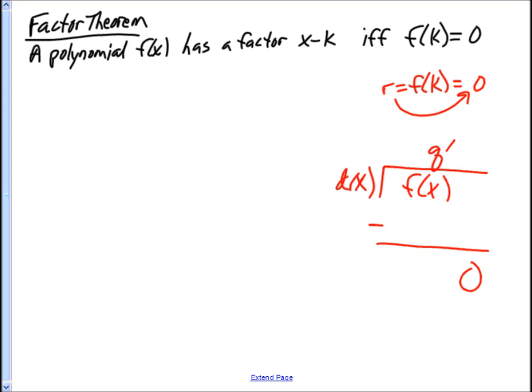It's just a very clean q of x because there's no remainder here, okay? So a polynomial f of x has a factor x minus k if and only if f of k equals 0. And I think you're going to kind of see that as we walk through a couple examples here, okay?